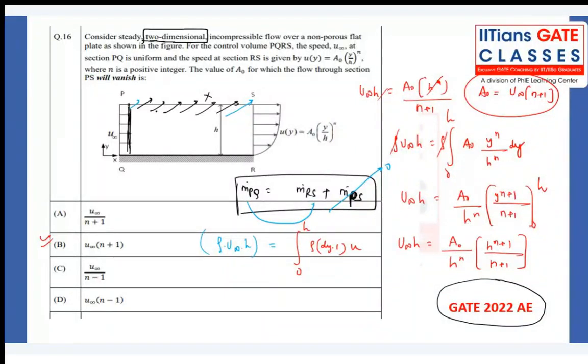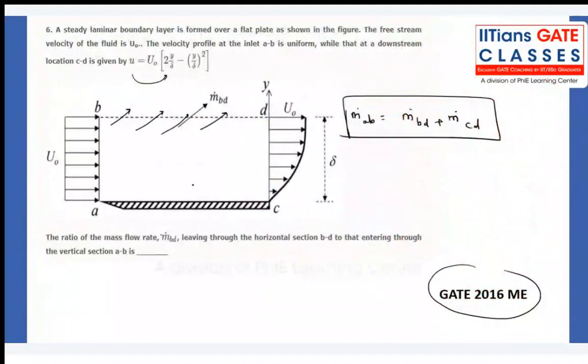Now I think this question is over. You just take a picture of this and try to solve it as homework. Nothing much to do, we only have to calculate mass flow rate through section CD: rho into, just take the elemental area through which the flow is happening, and integrate from 0 to delta, rho dy into u.